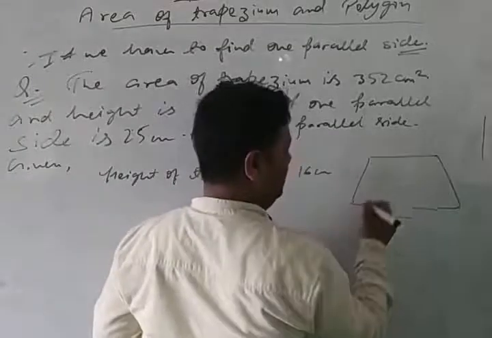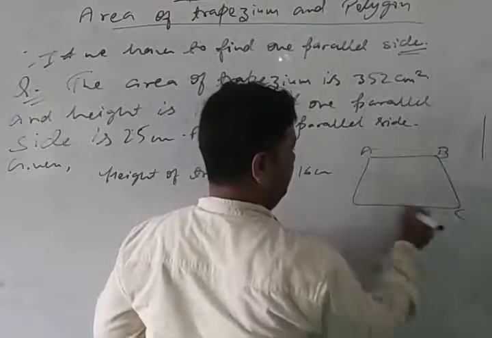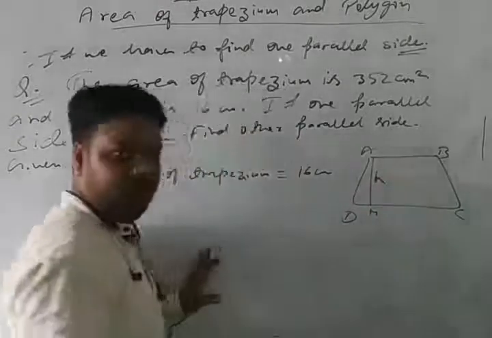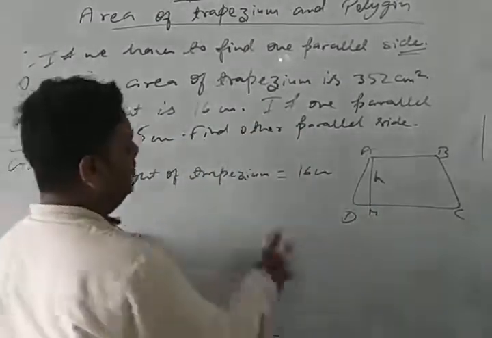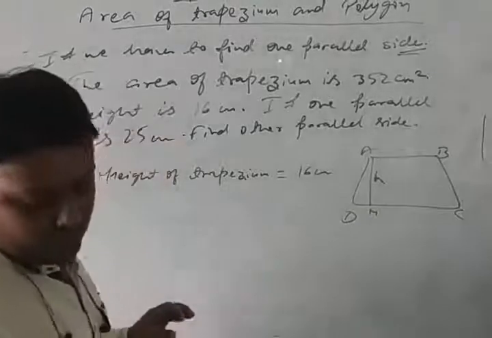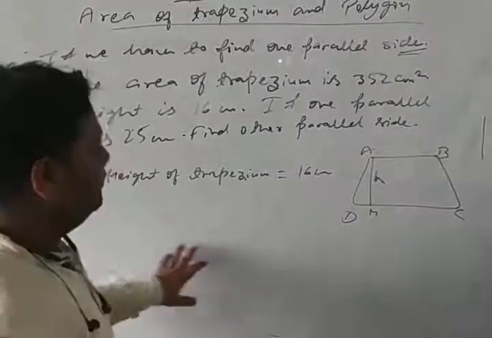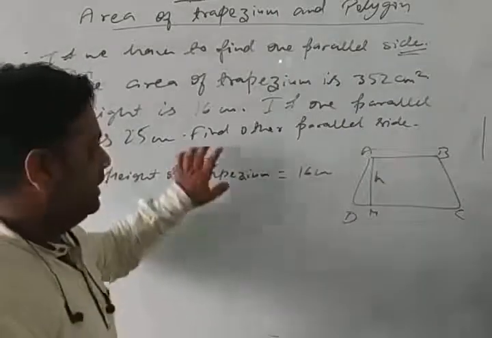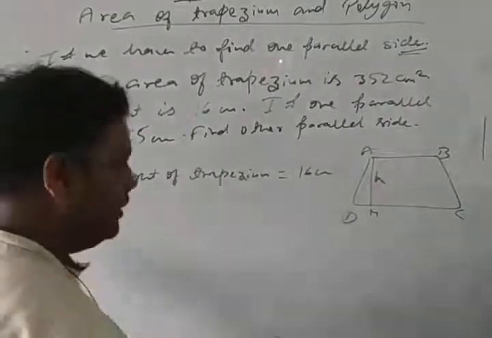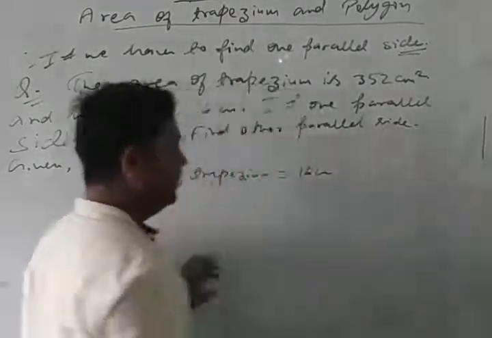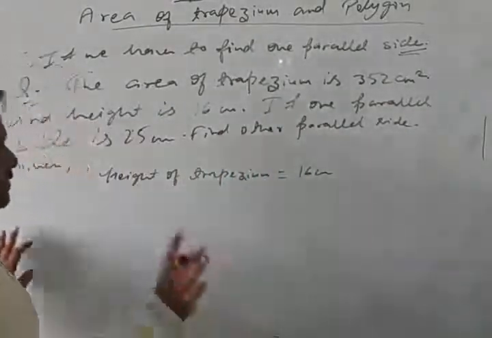If ABCD is a trapezium, AM is the height, and if AB is given, now we don't know the value of the other parallel side. It will be bigger or smaller, so there is no need to draw a figure in this question. Okay. Now the height of the trapezium is 16 centimeter.